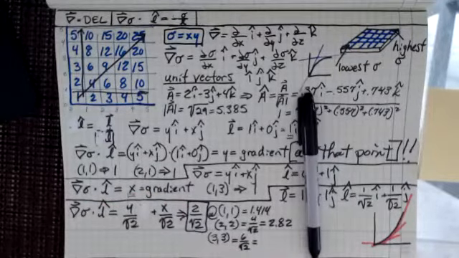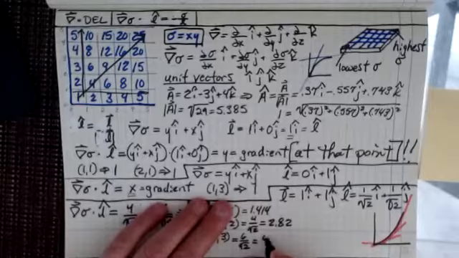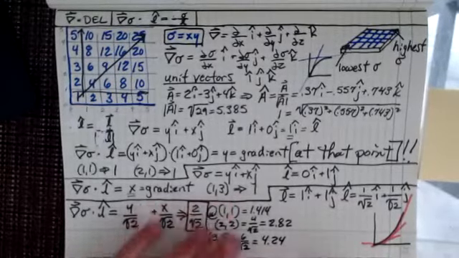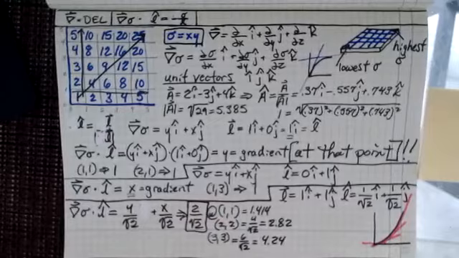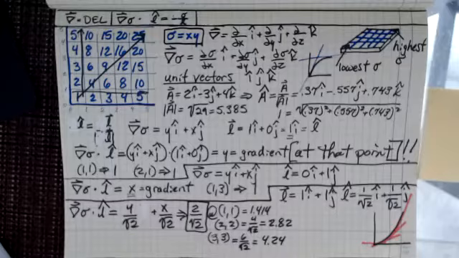So 6, that gives me 4.24. It's really 3 times the square root of 2, but that's fine. Anyway, now I think everybody can see.